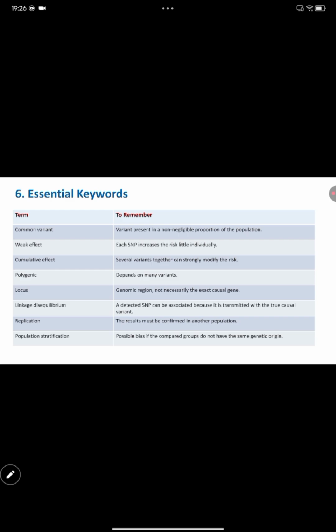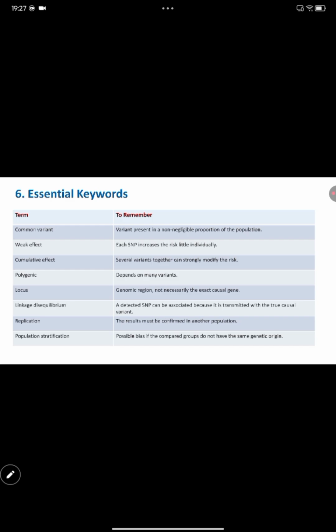Small effect means each SNP individually increases risk only slightly, but when added up to other SNP effects, we have a cumulative effect, which means that multiple variants together can strongly modify risk.